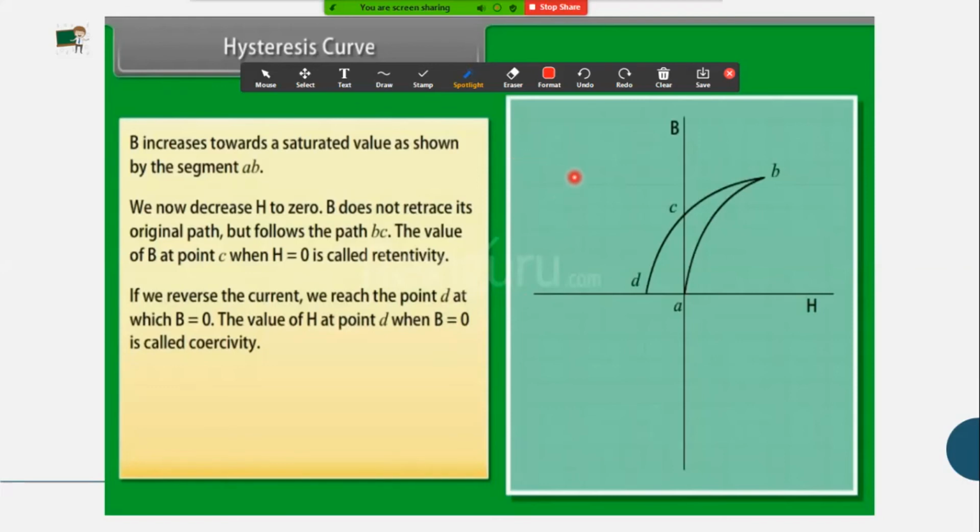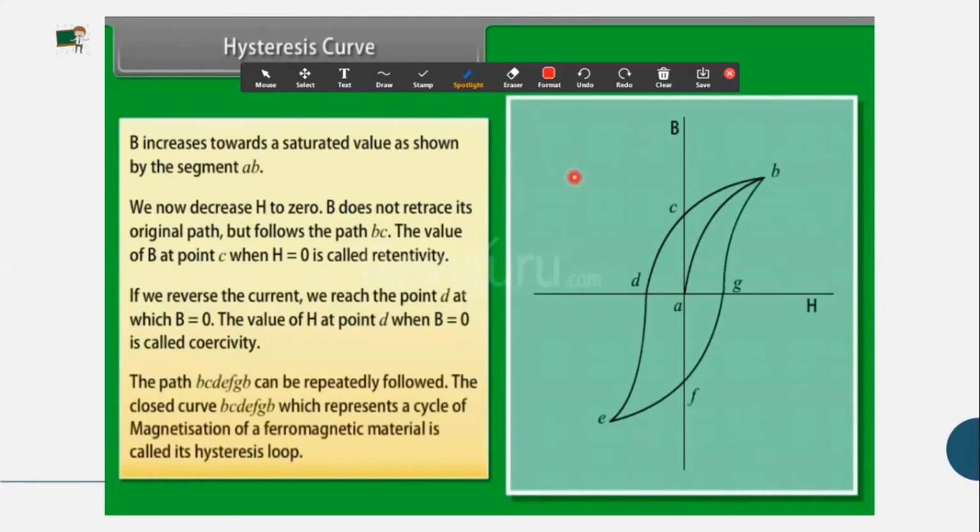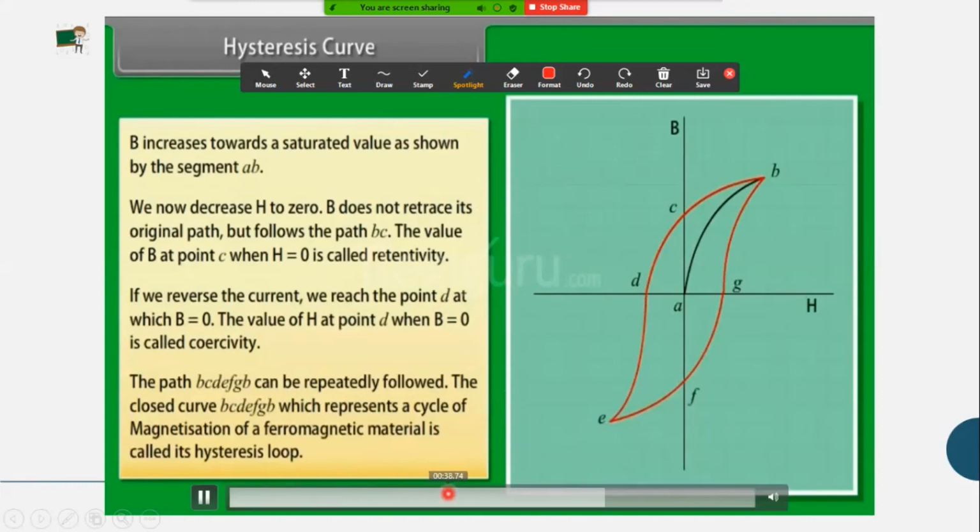As we further increase the reversed current, B saturates in the opposite direction at point E, and turning the current to 0 at point F. If we increase the current, B again gets the saturated value at point B. The path BCDEFGB can be repeatedly followed. The closed curve BCDEFGB, which represents a cycle of magnetization of a ferromagnetic material, is called its hysteresis loop.